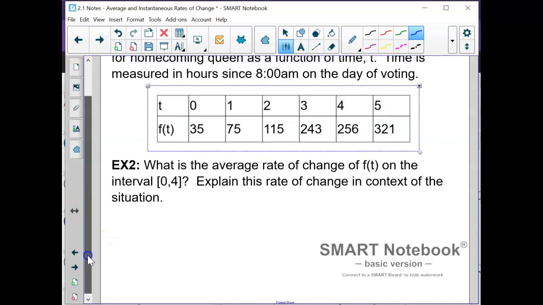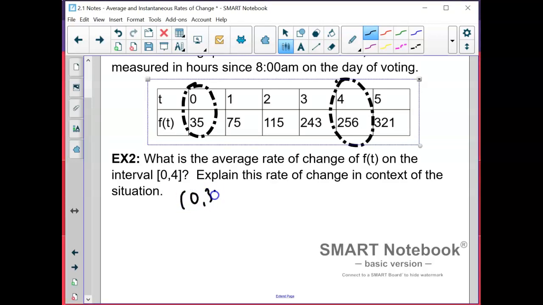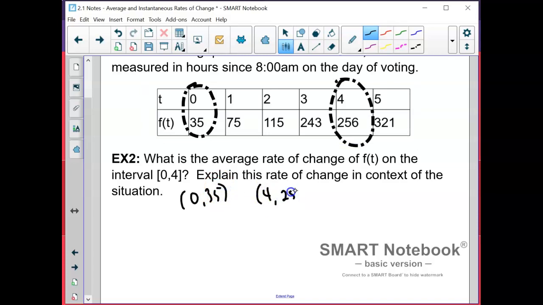So here, we want to know from 0 to 4. Be careful with this because 4 is right here. We're actually not using that last point. And so whenever we think about it, the rate of change is slope. So we're looking at the point 0, 35, and then also the point 4, 256. And so if we're finding the slope of this, we know slope is y2 minus y1 over x2 minus x1.